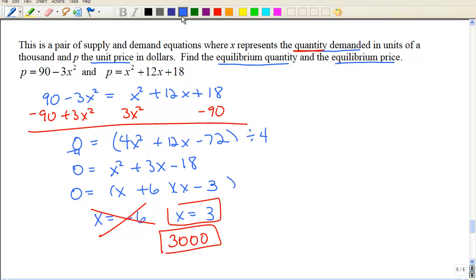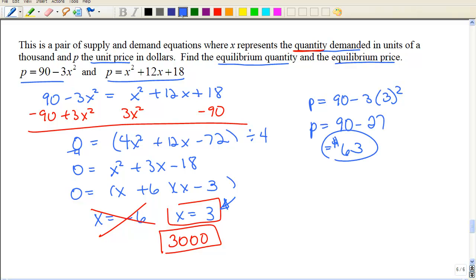Well, you can put it in either equation because you're going to get the same answer. So I'm going to say price is 90 minus 3 times 3 squared because that was x. And if you wanted to check it out, you could also plug it into that equation. You're still going to get $63. So the equilibrium price and quantity: at 3,000 demanded, you have an equilibrium price of $63.